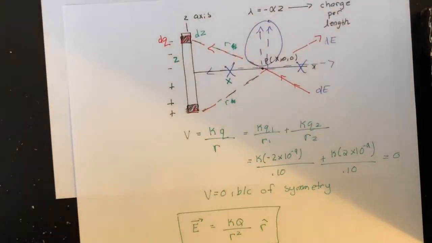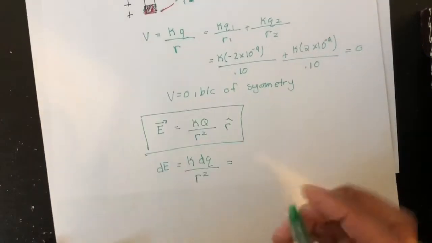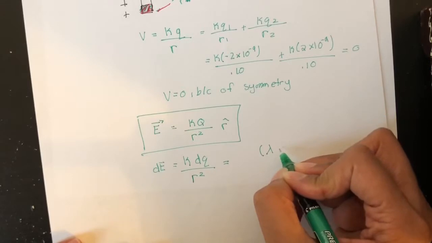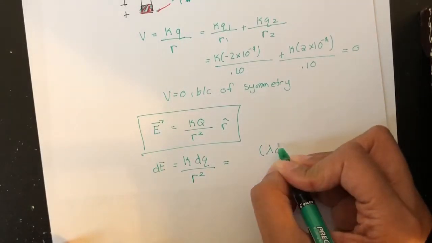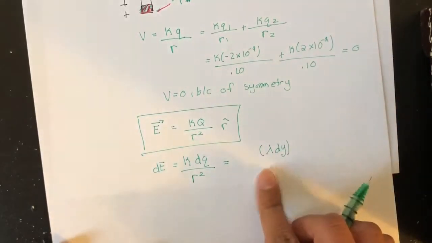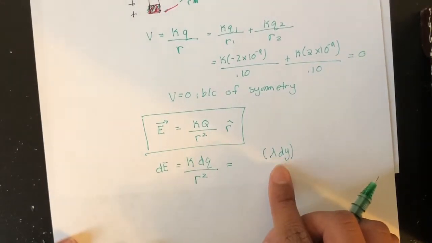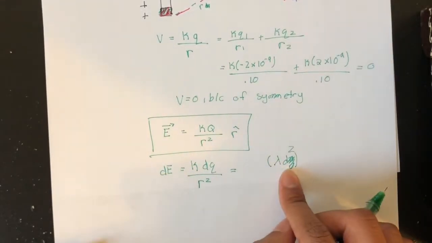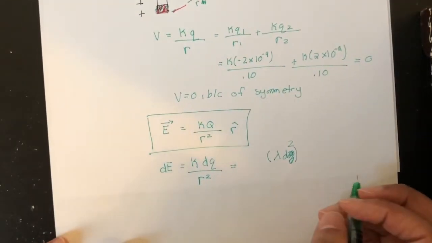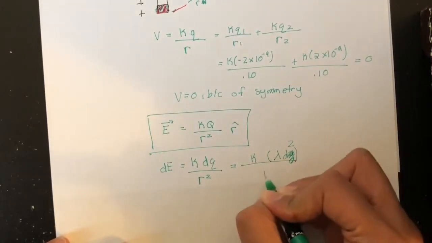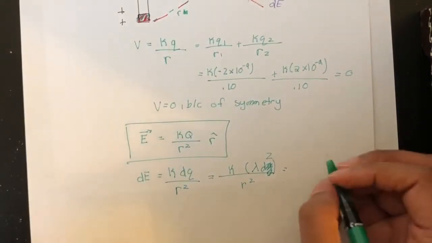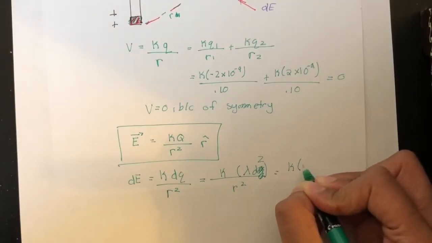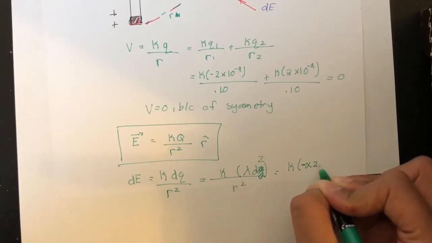So that would be lambda times dz. So this is the amount of charge in length dz. And then our lambda is given as negative alpha z.